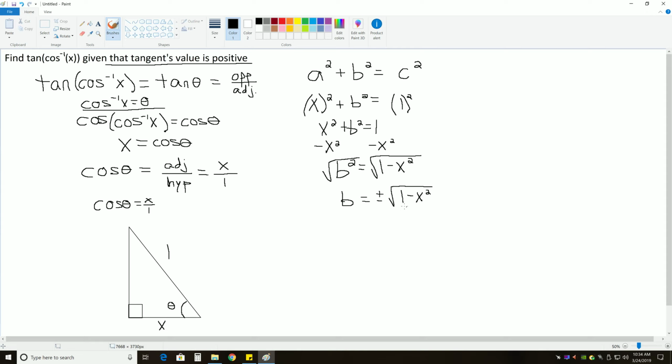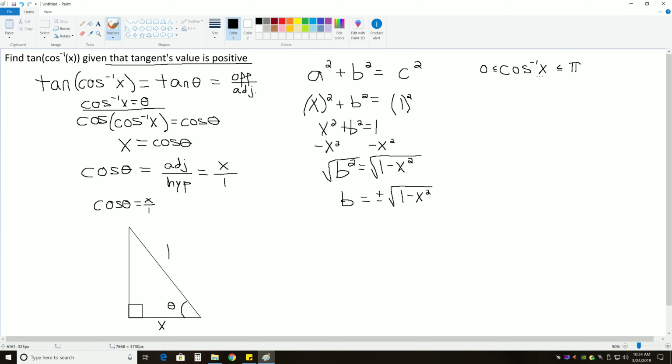And it's at this point that we need to make a connection here to decide whether we want the positive or negative value. So, if we look at our triangle, we're saying that tangent's value is positive. We also know that cosine inverse of x has to be between 0 and pi.